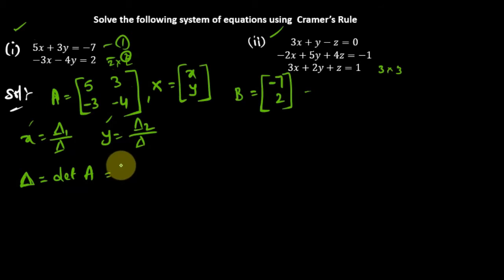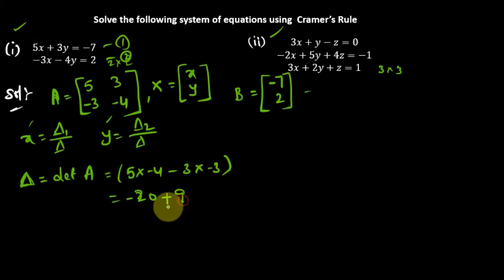So this will become 5 into minus 4 minus minus 3 into minus 3. So this will become minus 20, since 5 fours are 20, minus into minus is plus, 3 threes are 9. So this will become minus 11, isn't it? Minus 20 plus 9. So I got the delta value.